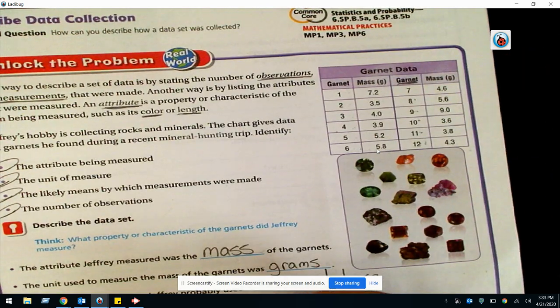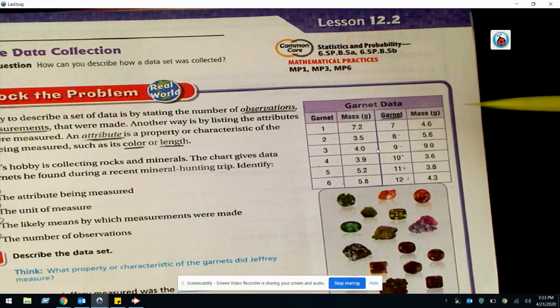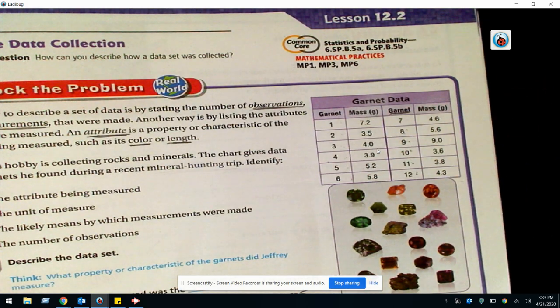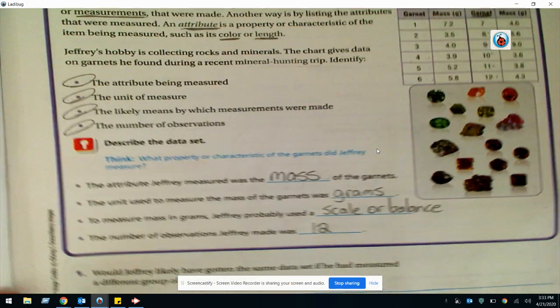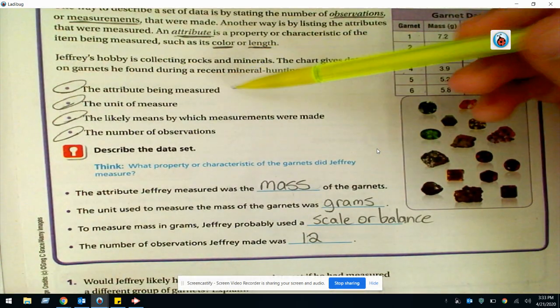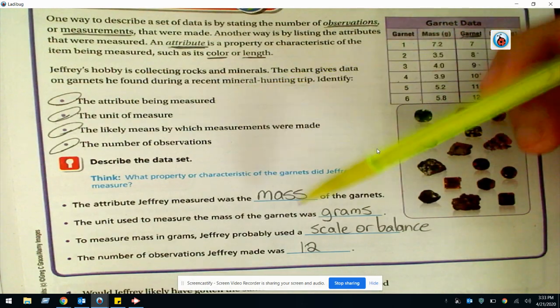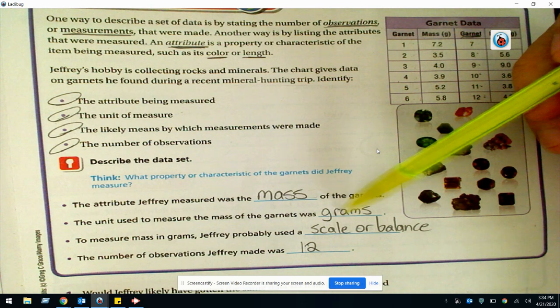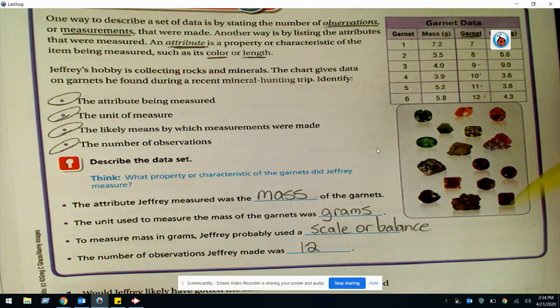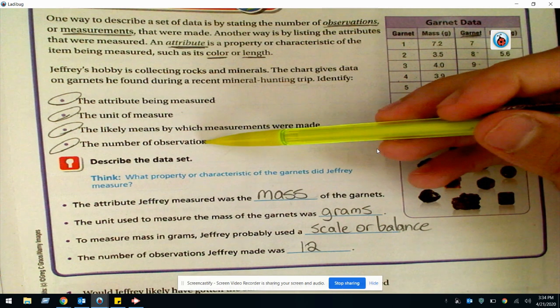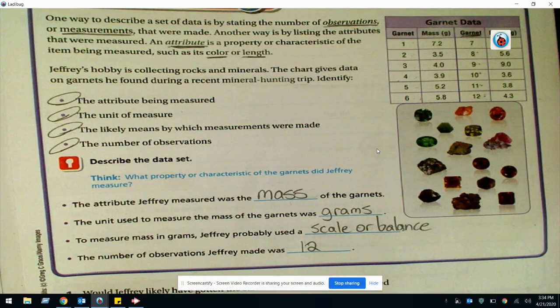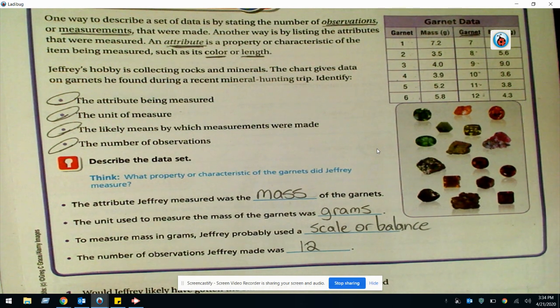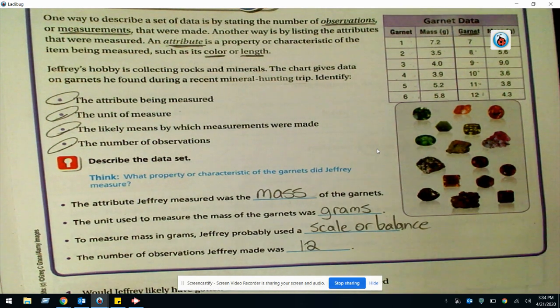So there are 12 observations because there's 12 garnets and 12 different masses. Okay? So we answered the four questions. So we had identified the attribute, which was the mass, the unit of measure, which was grams, the likely means by which the measurements were made, so what they used to make these measurements of the mass, so a scale or balance, and the number of observations, 12 garnets. Okay? And that's how you would be able to describe a data collection, a data set.